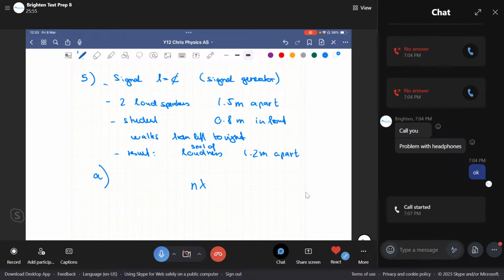Also, how would you express the path difference? What is on the wave side, so to speak?